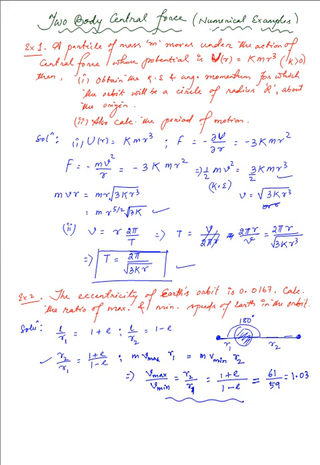We just cross multiply: V max plus V max E is equal to V max minus V max times E, and V min plus V min times E. So the eccentricities can come together, and we have the expression E equals V max minus V min over V max plus V min.